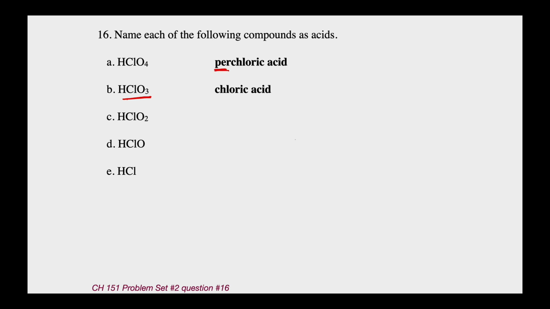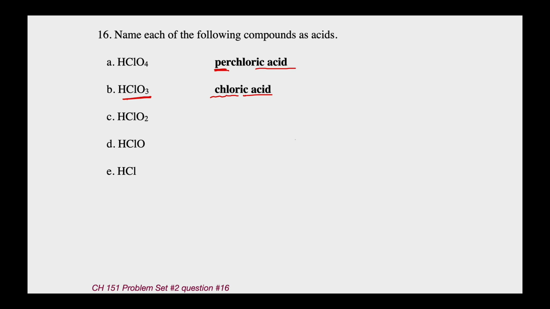So if HClO3 is chlor, which is from chlorine, and then ic acid, you can see hopefully how HClO4 with one more oxygen is also an ic acid, but it's a per ic acid. So per chloric acid. If you had a bromine in the middle, it would be per bromic acid, and HBrO3 would be bromic acid.